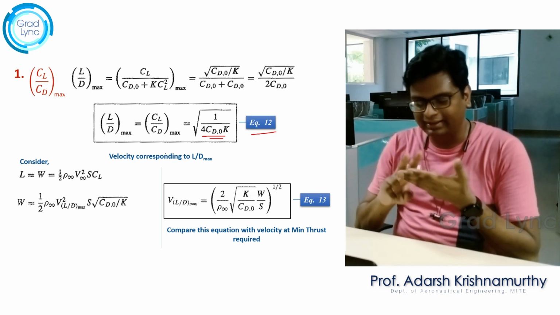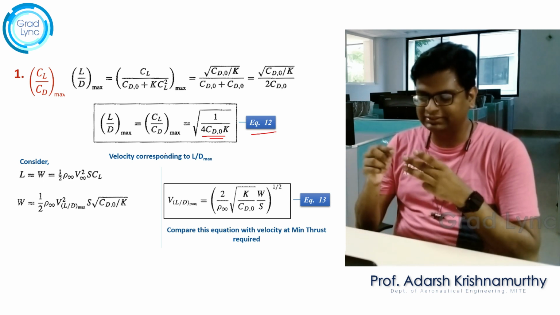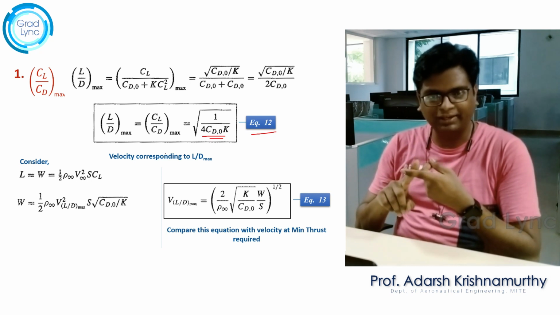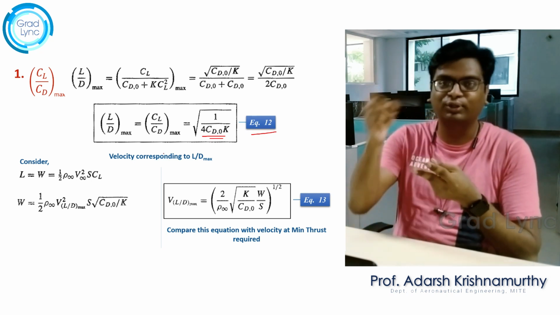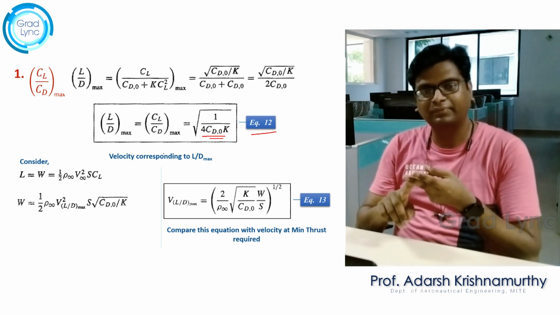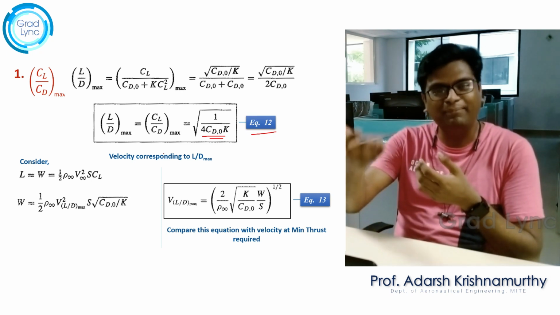Now we did 3 analyses in this lecture. First is, what is the condition for L by D max? Next, what is the value of coefficient of lift so that the L by D ratio would be maximum? Now we calculated what is the value of L by D max itself.